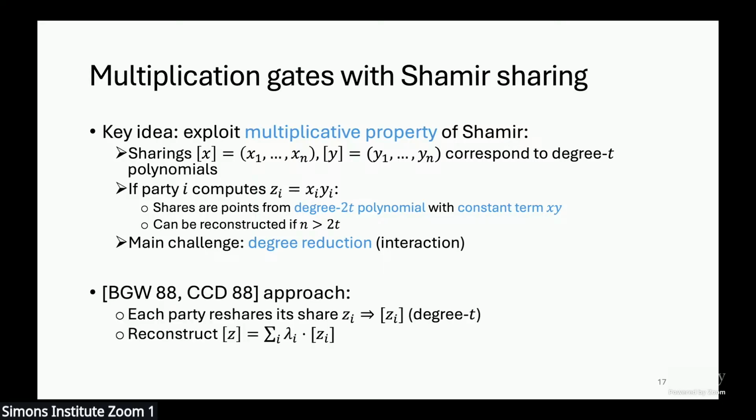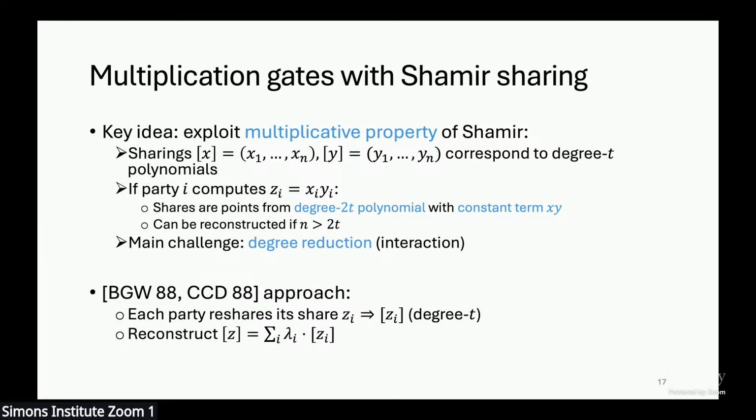And the original BGW and CCD protocols do this by having each party take their share, z_i, of the new product polynomial, and then reshare this by creating a new set of shares and distributing them to the parties, and then performing Lagrange interpolation on these reshared values. So applying the linear interpolation formula to reconstruct the secret in an already secret shared form.